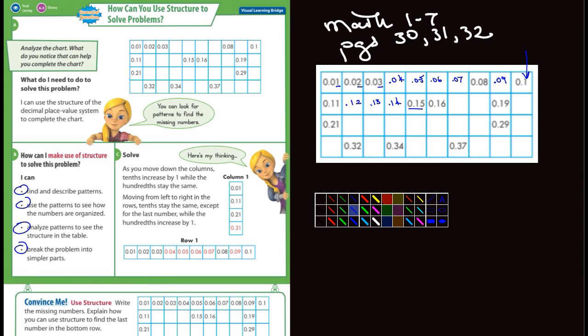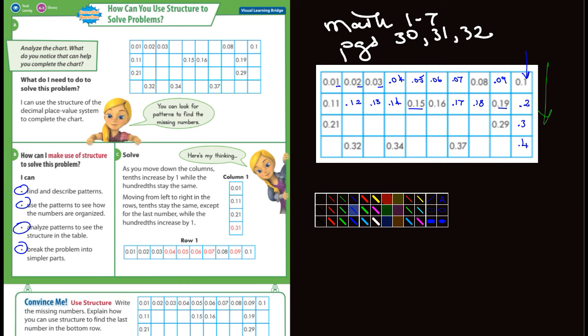Sure enough, 0.15, 0.16, 0.17, 0.18, 0.19, and then what? 0.2. So if we're working our way down here, this is probably going to be 0.3 and then 0.4.